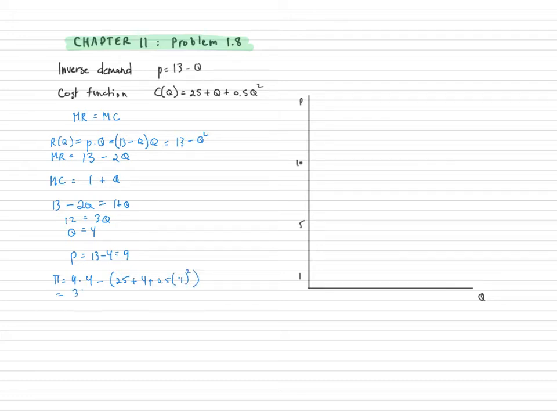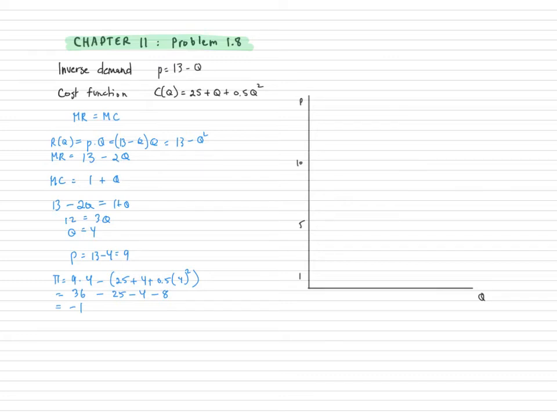So that's 36 minus 25 minus 4 minus 8, well, let me calculate that. That is equal to minus 1. The question now is, should this monopoly shut down or should it keep producing?